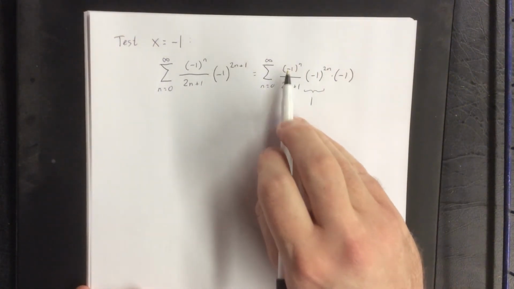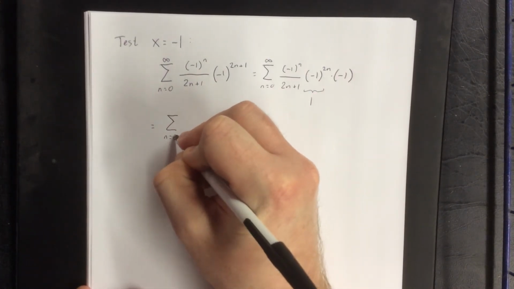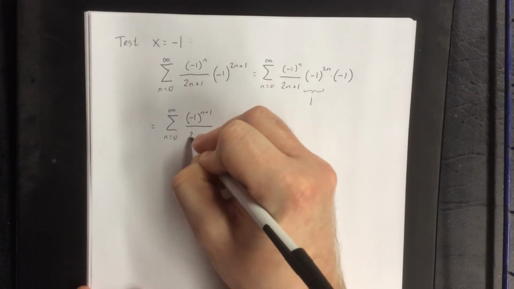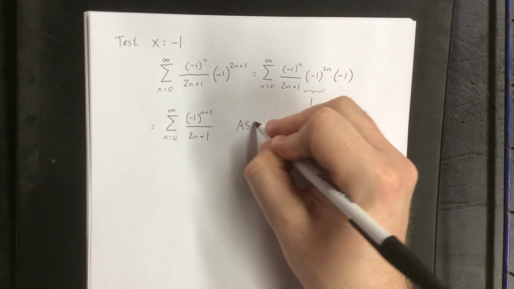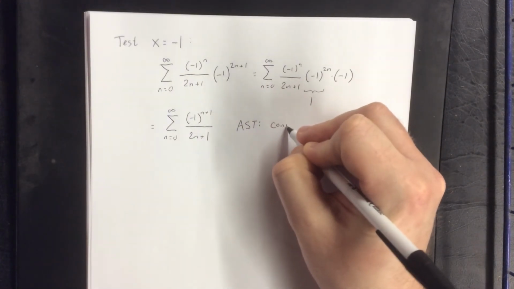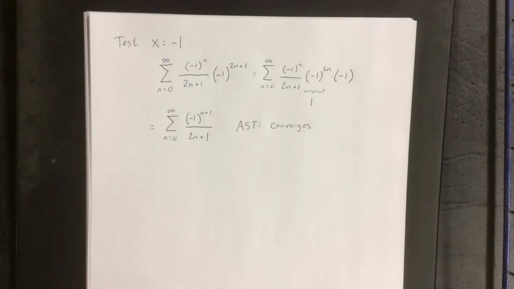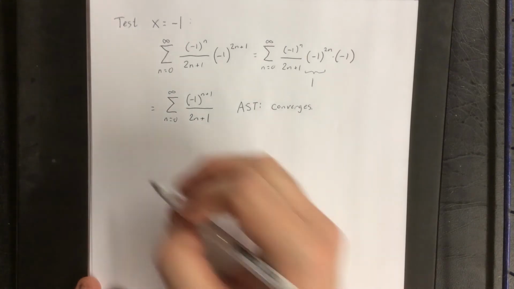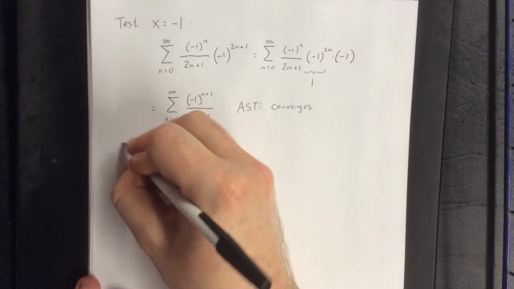The two remaining negative 1s go together, and we're going to call this the sum from n equals 0 to infinity of negative 1 raised to the n plus 1 power over 2n plus 1. This is an alternating series. If you apply the alternating series test, you are going to arrive at the fact that this converges. It also lets you know a really fun formula, but we'll do that in a sec. This will be more fun.